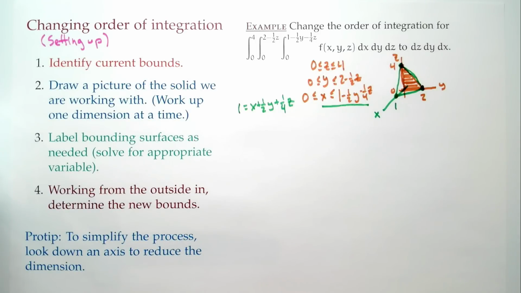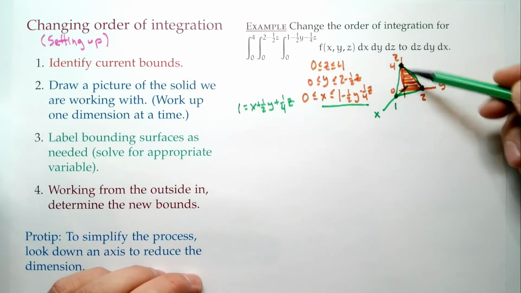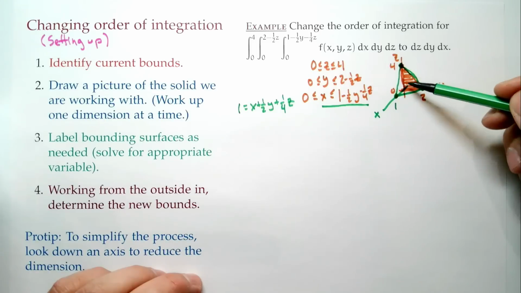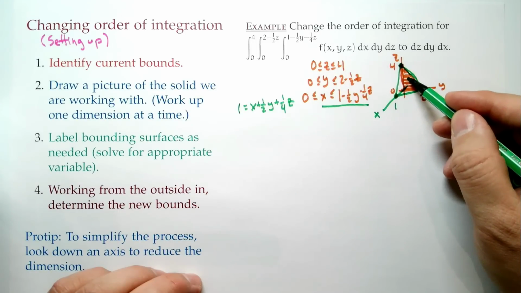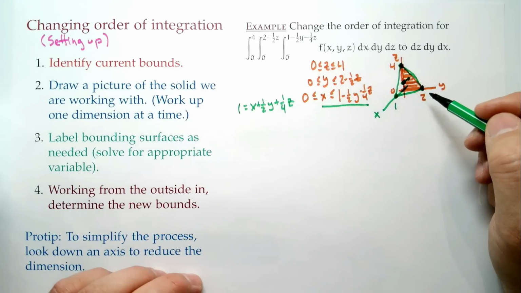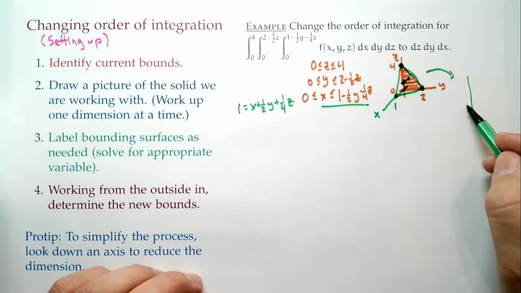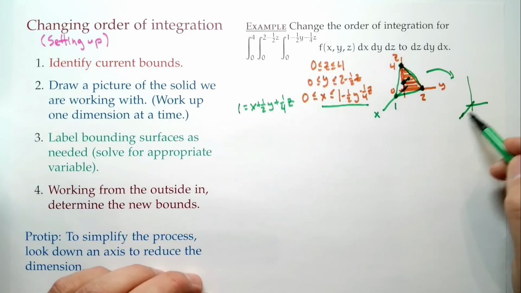Now, what's my shape? Well, remember, what is x doing? It starts at the back on the YZ plane at x equals 0. So it starts in the back, and then it moves forward until it hits this plane here. So what's our shape? Well, the shape is actually a very nice shape.